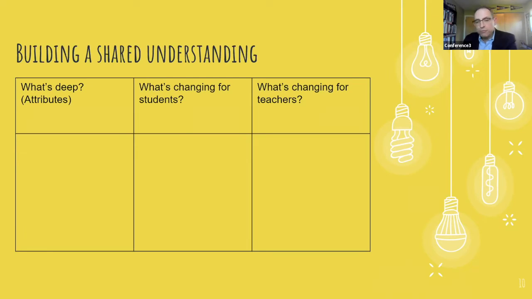So what's changing for the students? What's changing for them is that they're looking at an issue, hunger, which is not just a community issue or a state issue, it's a global issue. And so they're looking at the big picture.